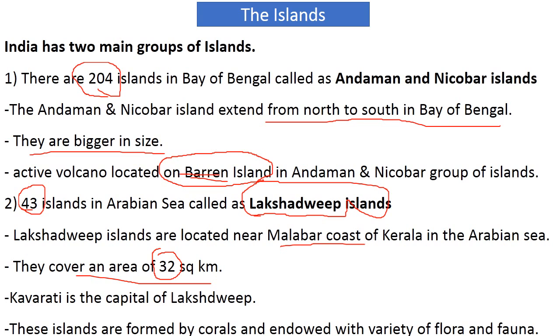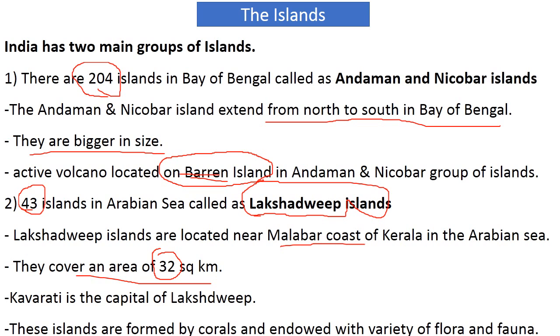And another is the Lakshadweep Islands. There are 43 islands which lie in the Arabian Sea. Lakshadweep means lakhs of islands, the literal Hindi meaning. Lakshadweep Islands are located near the Malabar coast of Kerala in the Arabian Sea.